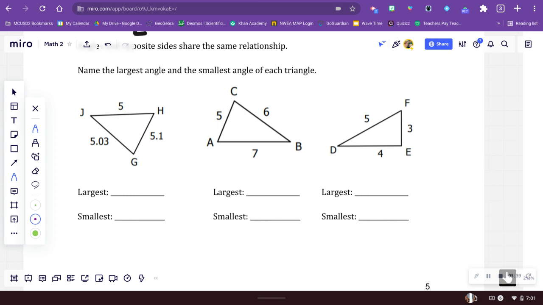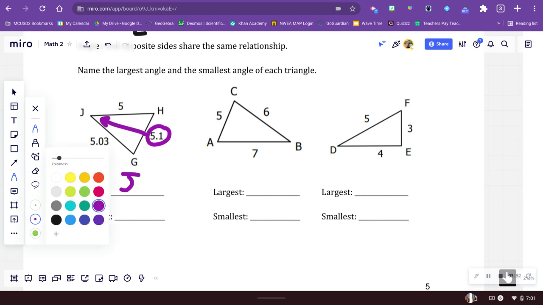So 5.1, that would be the largest. And so if I go across from that side, angle J would be the largest angle. And then likewise, the smallest would be 5. And so across from 5 is G.